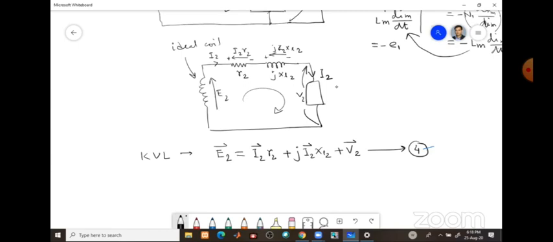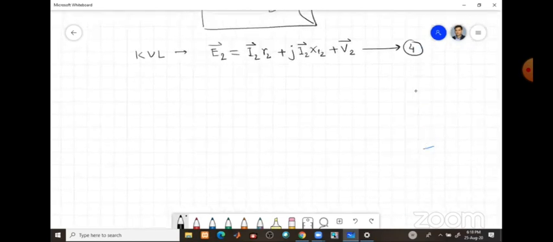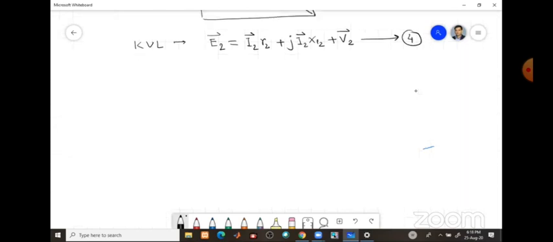So if we want to remember the transformer equations, you can remember four equations: two KCL equations and two KVL equations. I am writing it once again for you. One is I1 prime equals I1 plus I0, that is equation number 1.